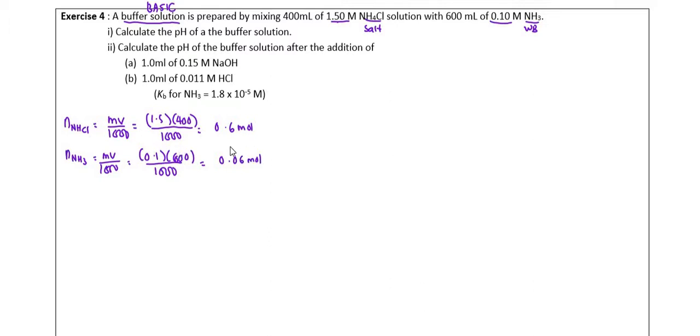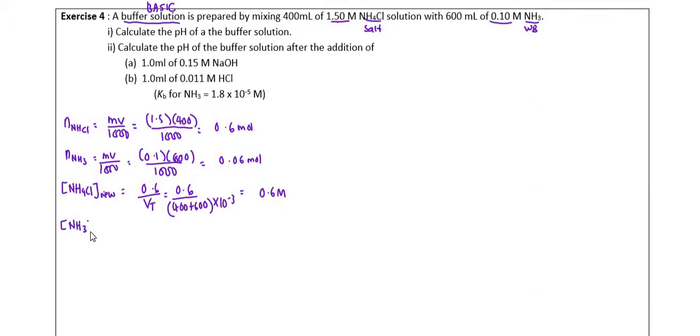Okay, you must use this step because you are mixing these two species in different volumes. So to get the new molarity of NH4Cl, it is 0.6 over total volume, 0.6 over 400 plus 600 times 10 exponent negative 3, because to convert into liters, it will become 0.6 molar.